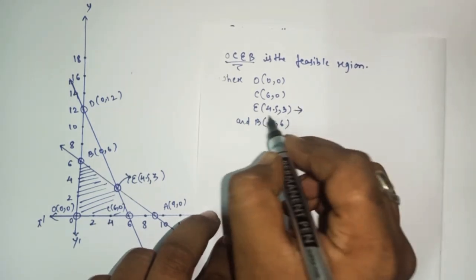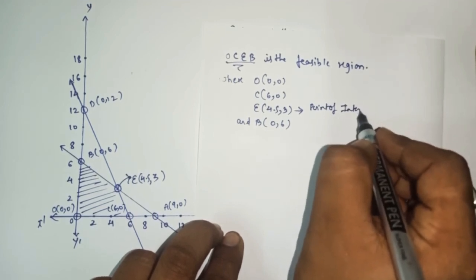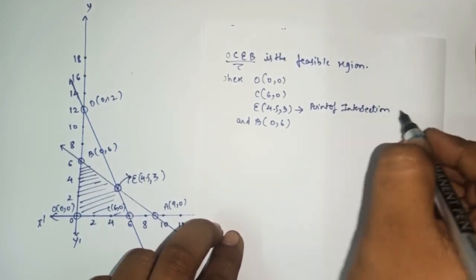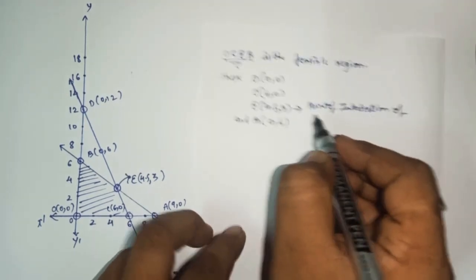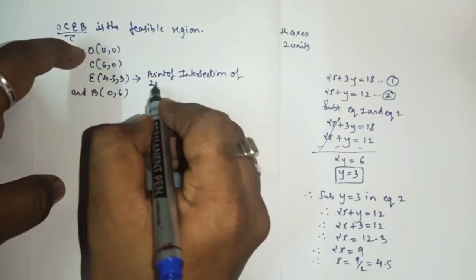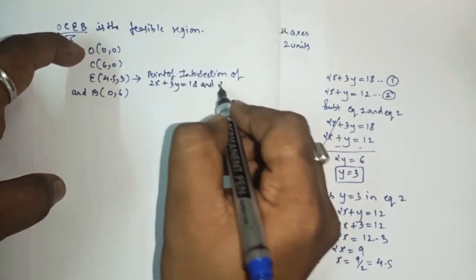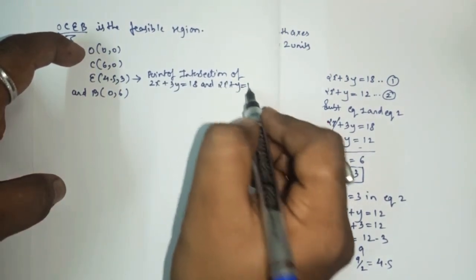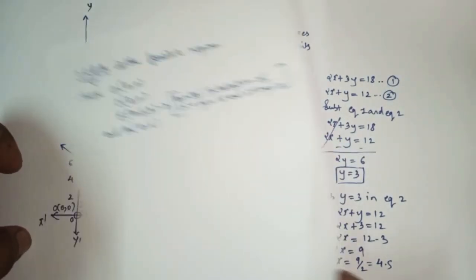E is the point of intersection of the two equations. You will write here 2x plus 3y equals 18 and 2x plus y equals 12.